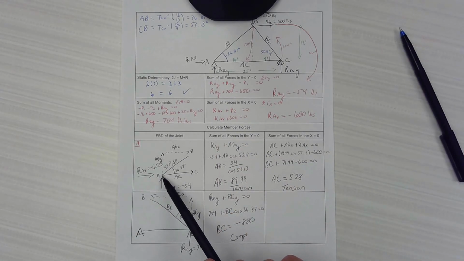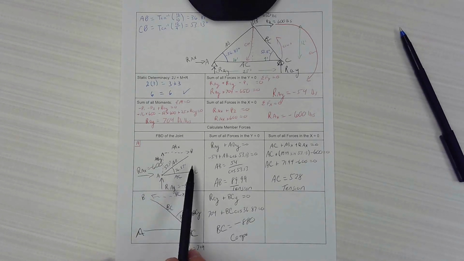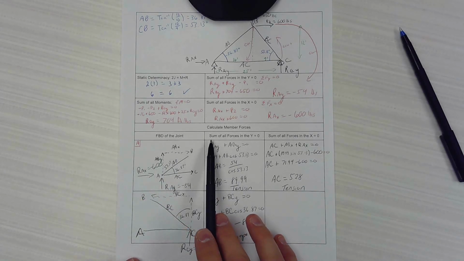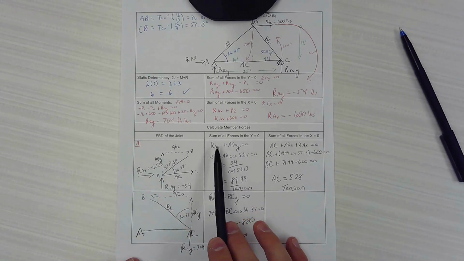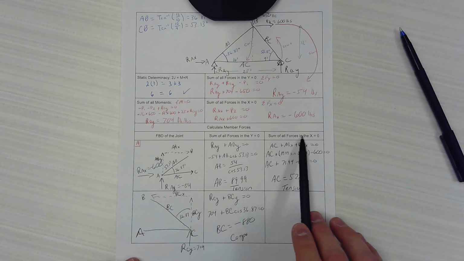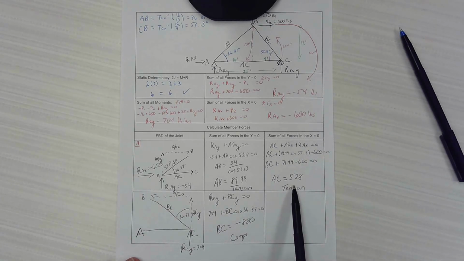To review that process, it was isolate joint A, draw everything that is relating to joint A, include your component forces, run through sum of all forces in the y, list them out, find that magic number, sum of all forces in the x, list them out, find the number, and then you move on to the next one.